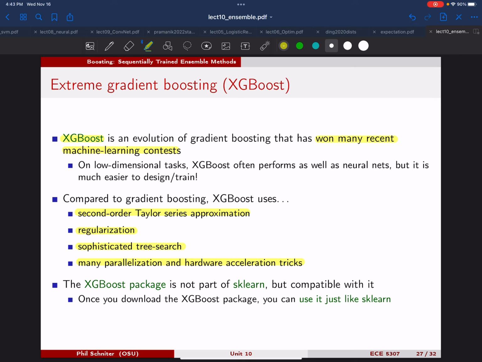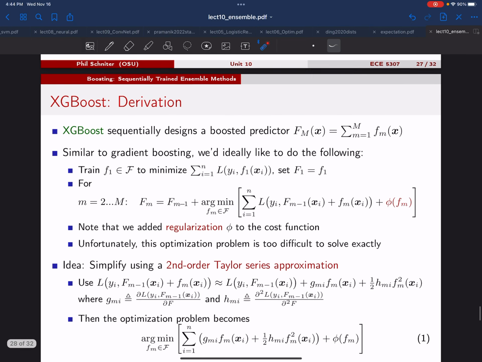We're not going to talk about the last two, but we'll talk now a little bit about the first two. Although the XGBoost package is not part of sklearn, it's just a separate thing that you can import, and once you do import it, it works. It's written to work exactly like sklearn. So all the typical ways that you use sklearn, it's fully compatible and it works the same way. I'll show you an example.